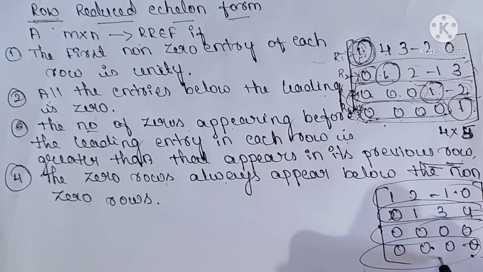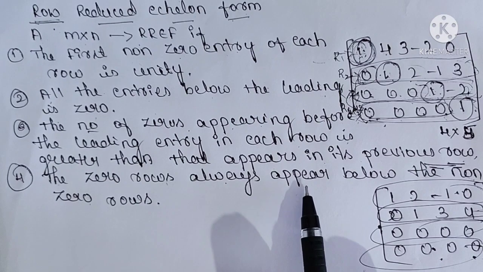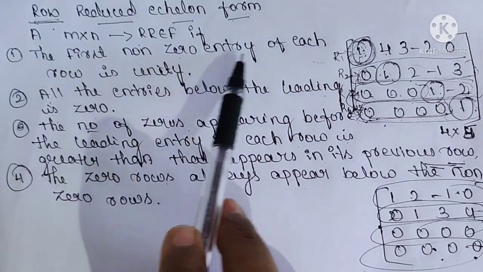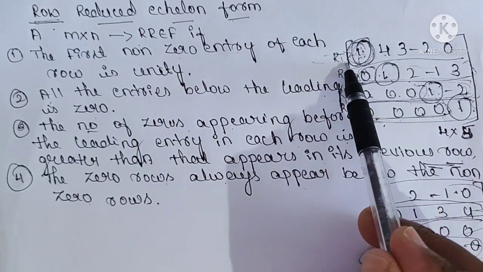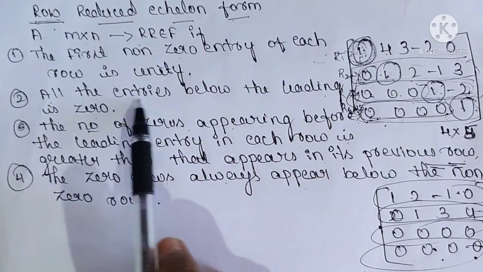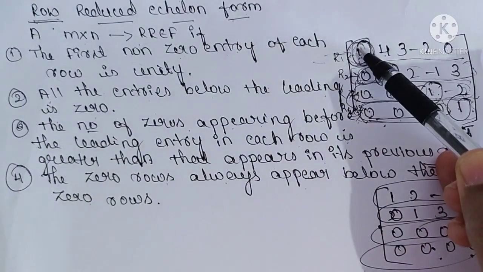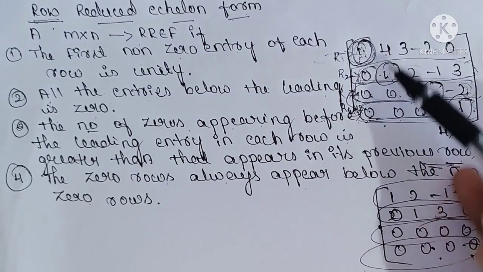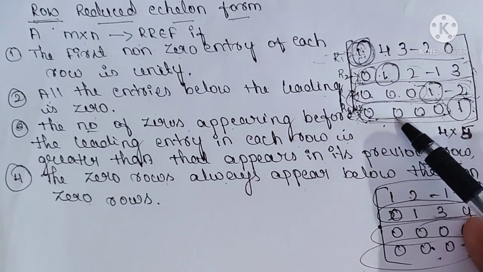This is the fourth point. If any matrix of order m cross n is said to be in row reduced echelon form, it means it satisfies four conditions. First condition: the first non-zero entry of each row is unity, meaning in the first row the first element should be equal to 1. And all entries below the leading entry are 0. In a column, suppose 1 is the leading entry, then below the leading entry the values are equal to 0. In the second row, 1 is the leading entry, so below it the values are 0.